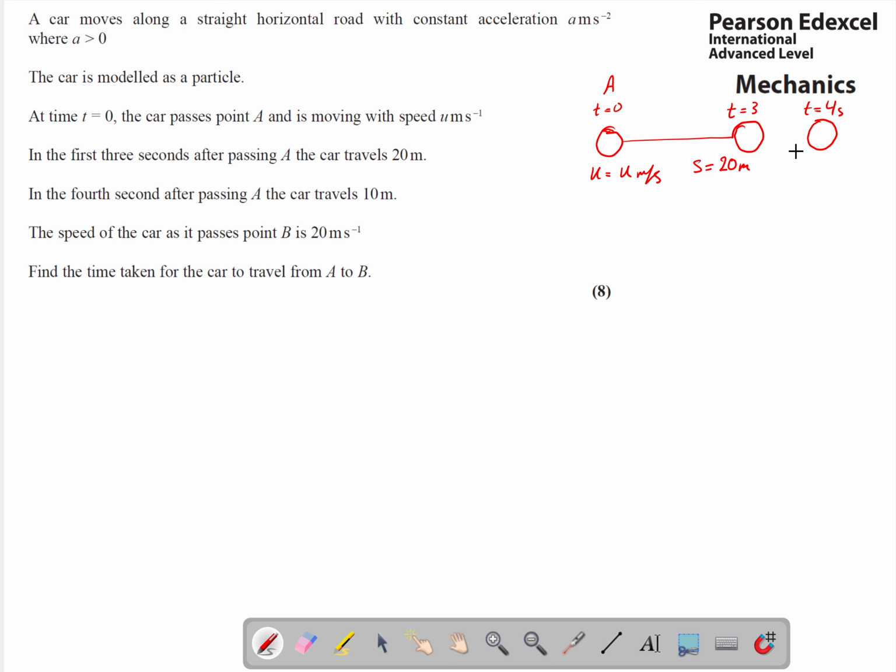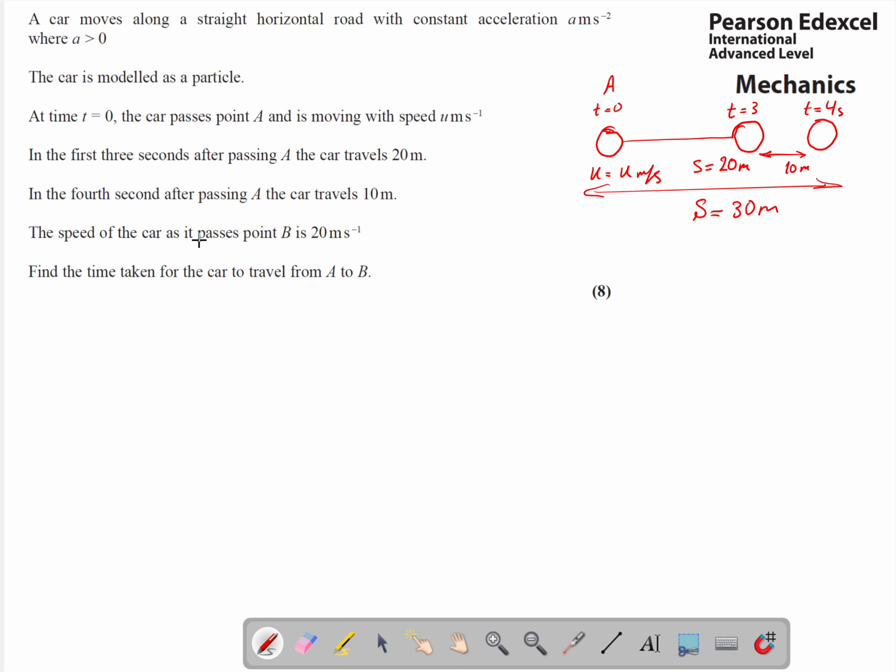So the total displacement from the beginning to this point, time equals 4 seconds, equals 30 meters: 20 meters until the third second, and until the 4th second we have 30 meters displacement in total.